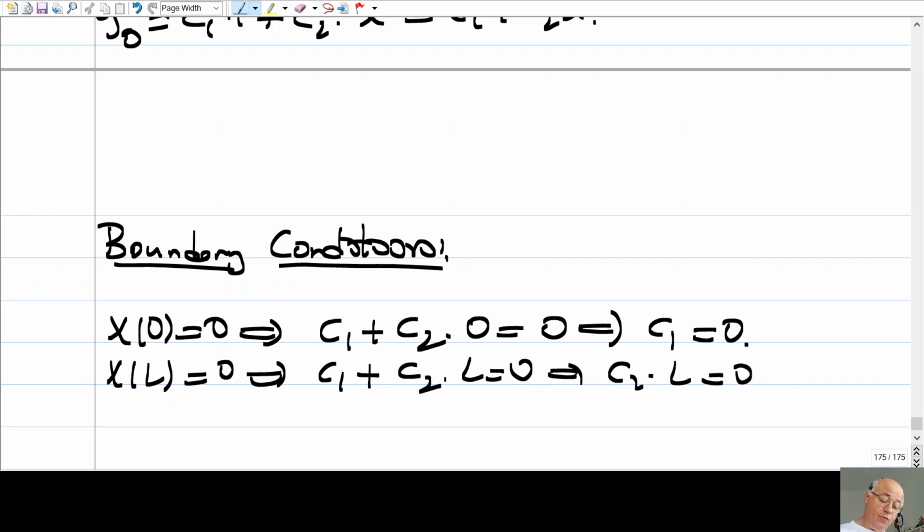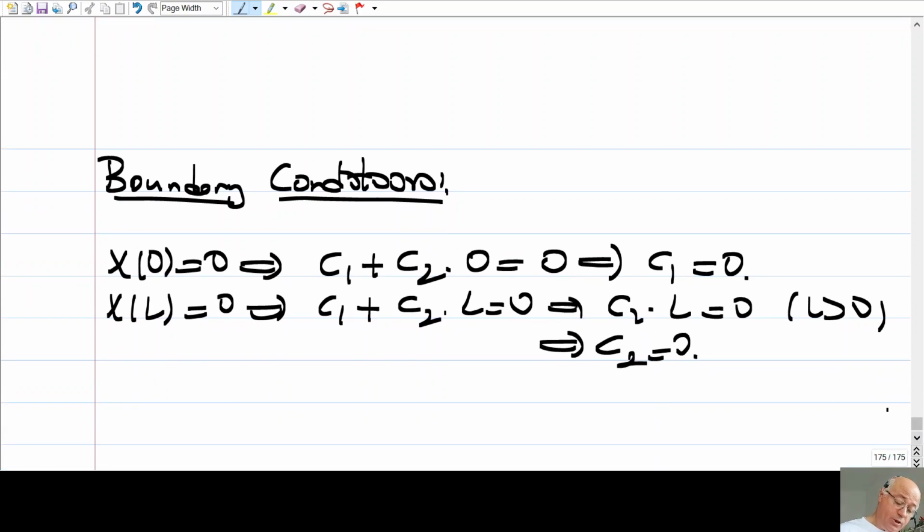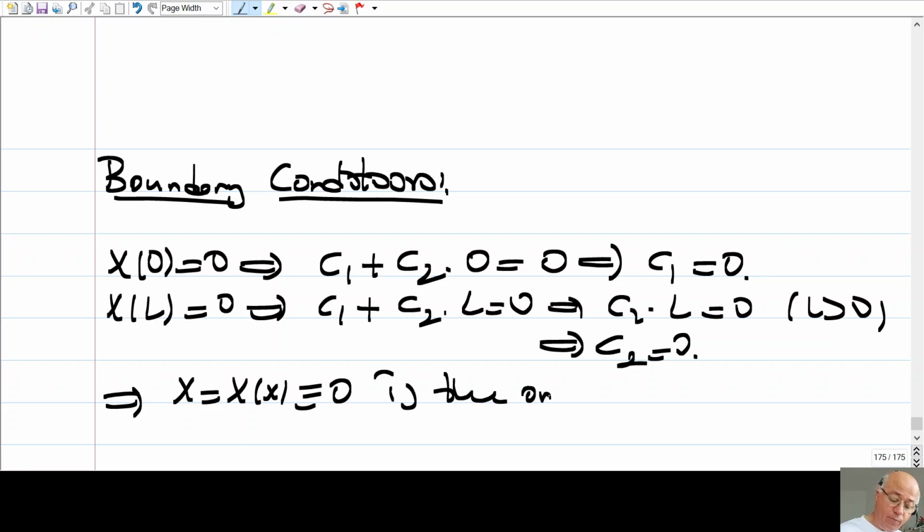L is the length of the metal object. So L is positive, of course. This would give C2 is 0. So both C1 and C2 are 0. Therefore, X of x equals 0 is the only solution.